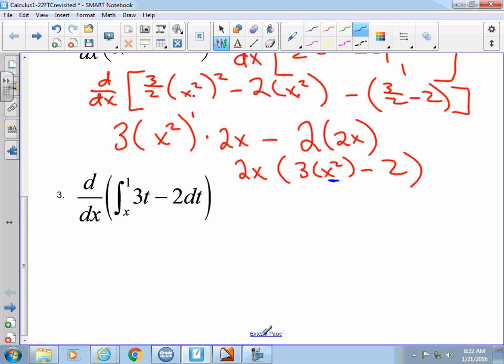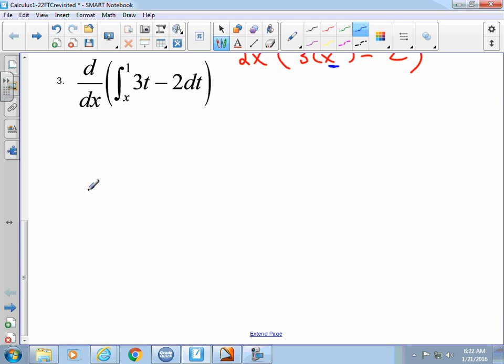Last one. I want to see how this affects it. Some of you probably know the answer. How does it affect it if these are backwards? It's going to be negative. We'll verify that, but let's try it.